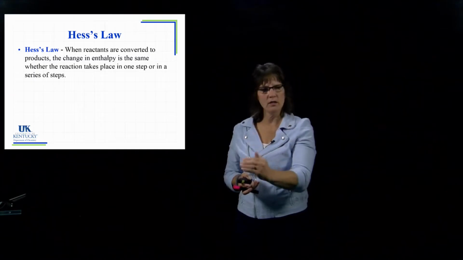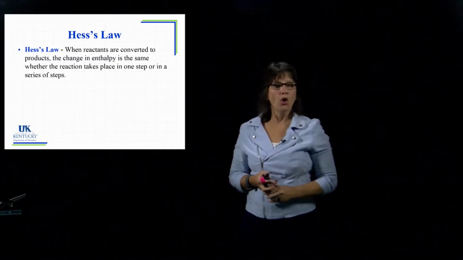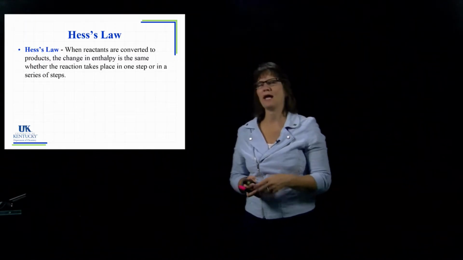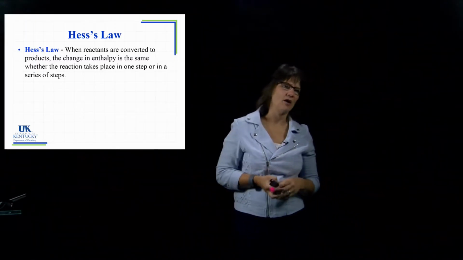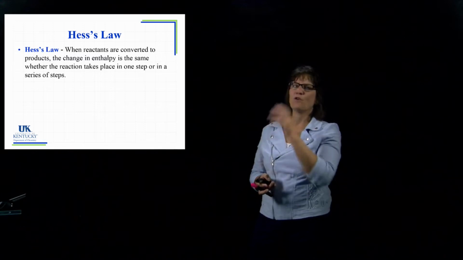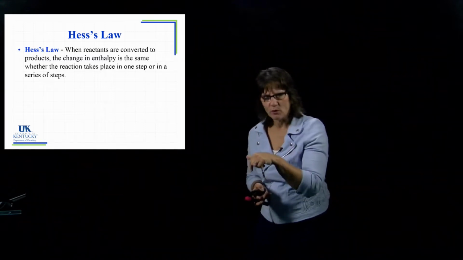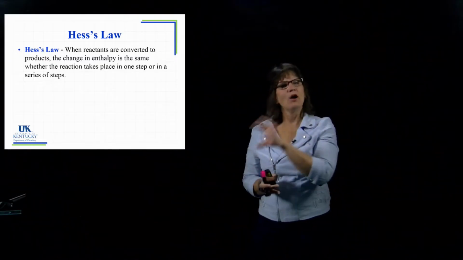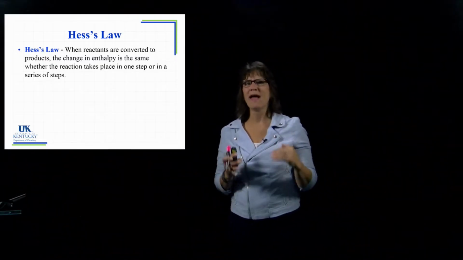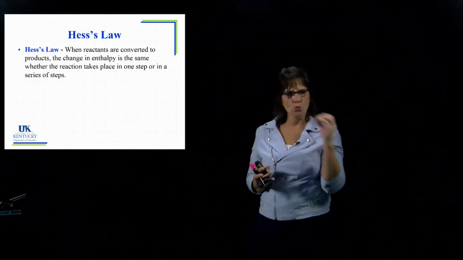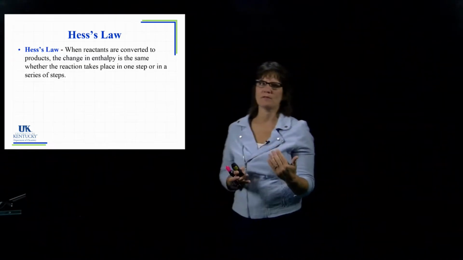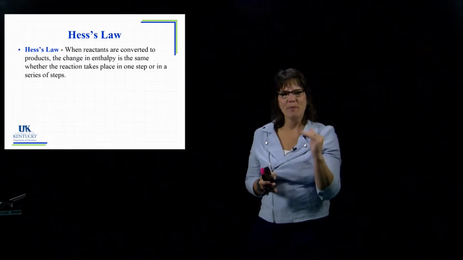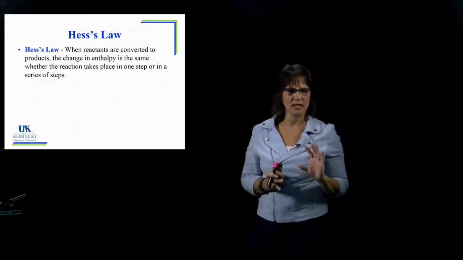That would be one process. Or I could drink an ounce and set it down, come back, drink 2 more ounces and set it down, come back. I could drink 4 ounces and say, oh, that's too much, and spit some back in and finally get there. That would be doing it in a whole series of steps. It doesn't matter what the change in volume is, whether you do it in one step or a series of steps. So this tells us this idea of being a state function. It is path independent. It doesn't matter how you get there.